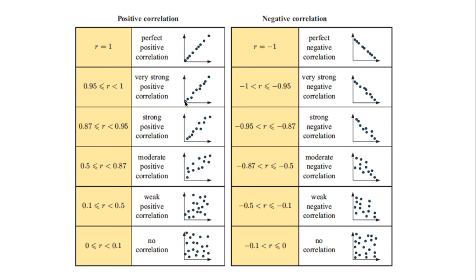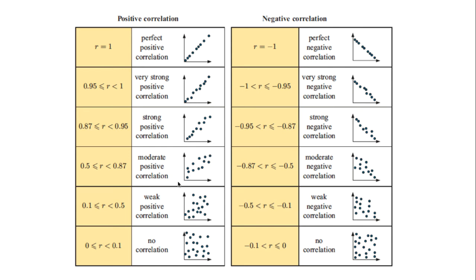And this is pretty strong right here. They say very strong. So the points are not in a perfectly straight line, but they are very close to a straight line. And so that is an indication of a very strong correlation, either positive or negative. And as we go down, this is still pretty strong, and then maybe moderate.